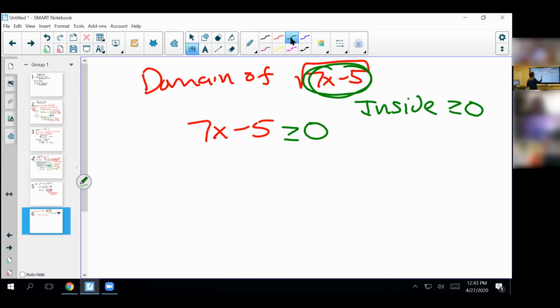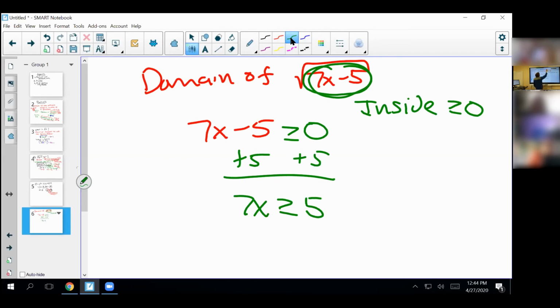And now I just have this kind of simple inequality, which I can solve real fast. It's not maybe the prettiest answer in the world, but you get x is bigger than or equal to 5 over 7.